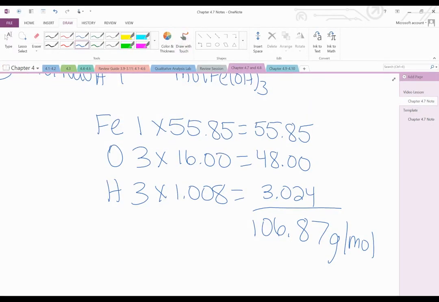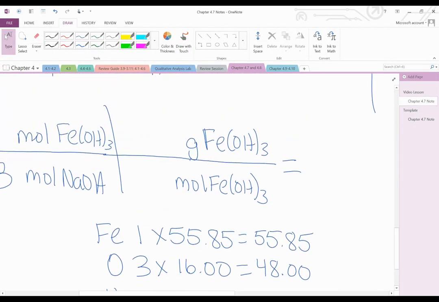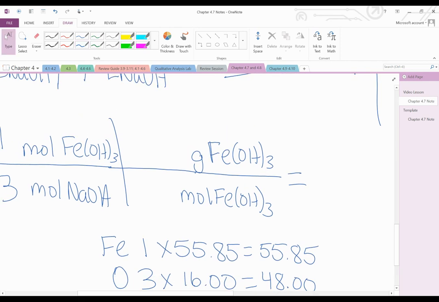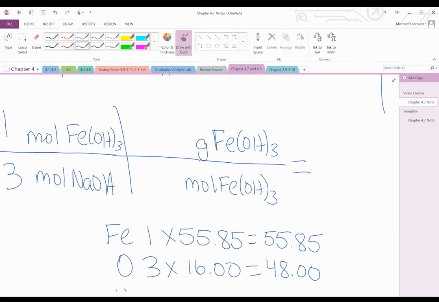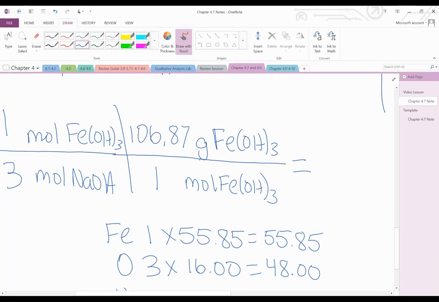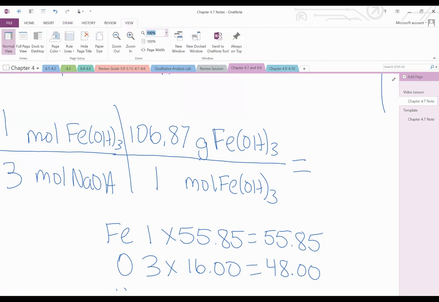So I'll go back up to my equation here. 1 mole is 106.87 grams. And so I'll change the view so we can see the whole problem.